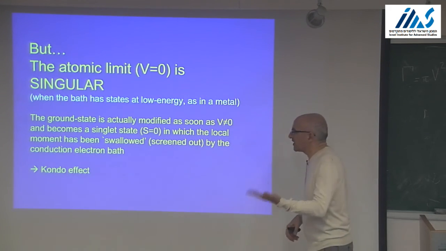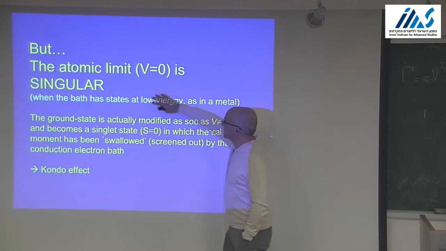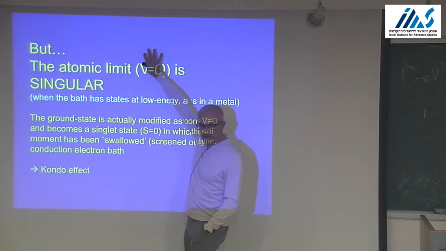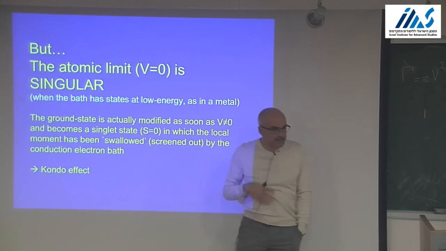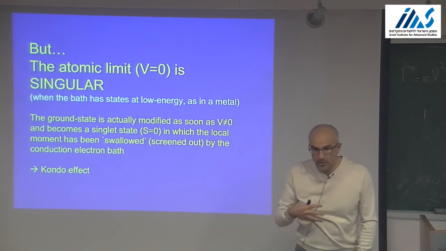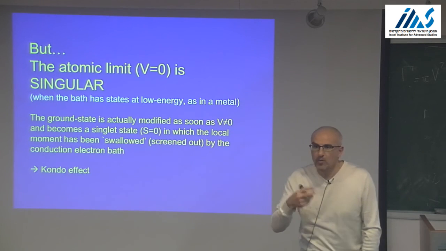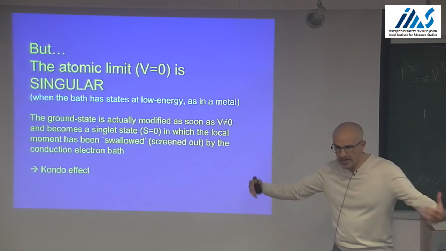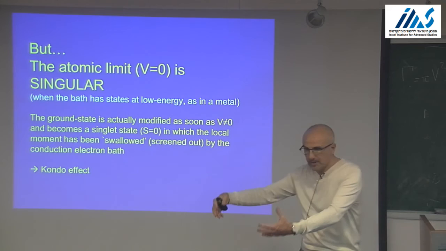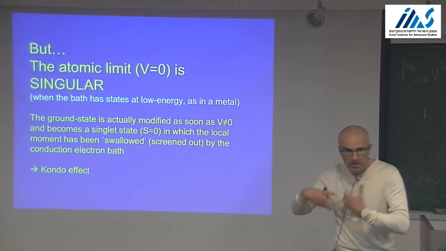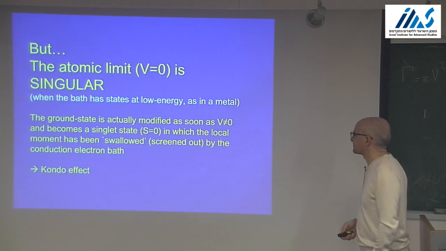But actually, you should be very careful that this V equals 0 limit is a highly singular limit. What you should really do is turn on a small V, understand what happens to the whole many-body problem, and then address the question of transmission through my dot.